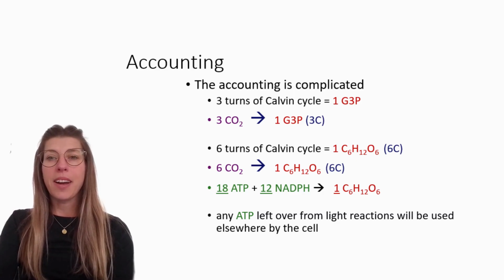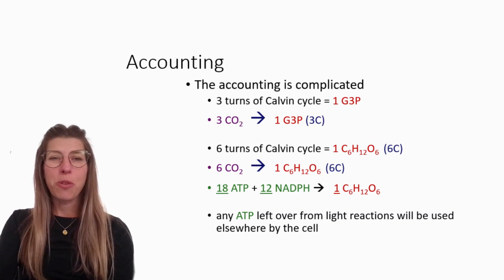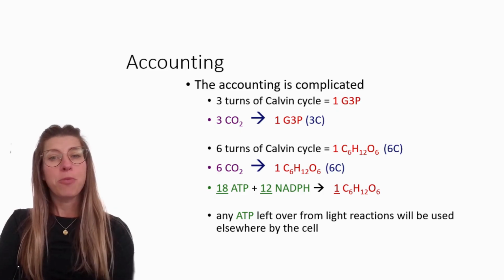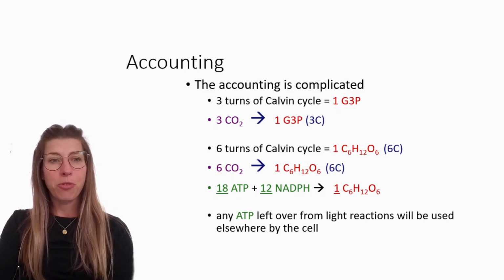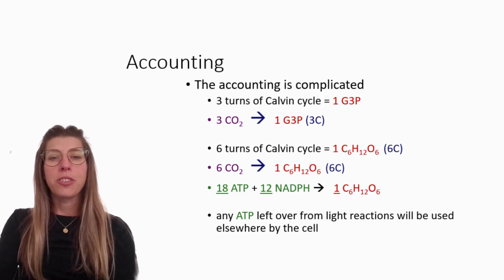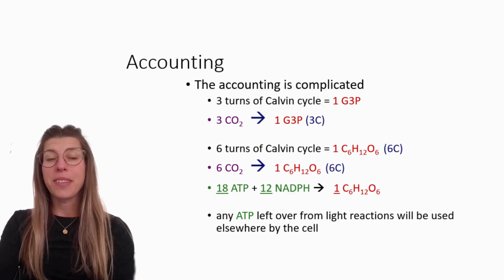I know I had that on the page that told us everything at once, but let's just recap. 3 turns of the Calvin cycle brings in 3 carbons from the carbon dioxide. So that generates 1 G3P molecule, right? So 3 carbon dioxide makes 1 G3P molecule, which has those 3 carbons in it.